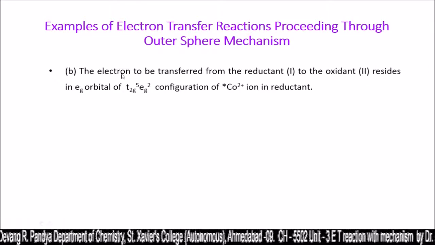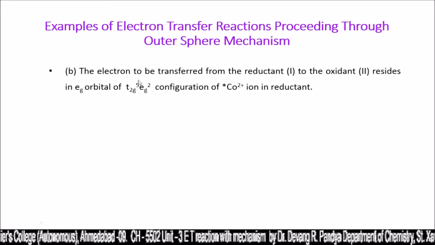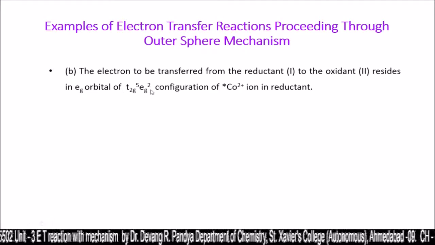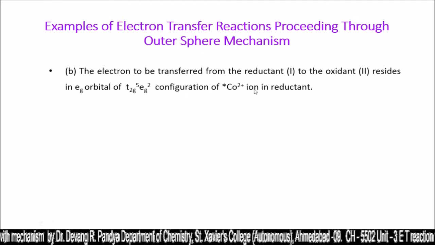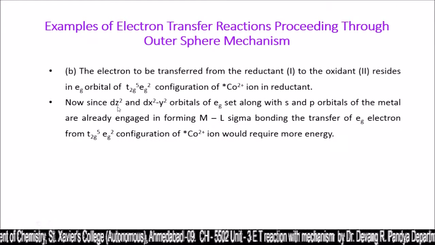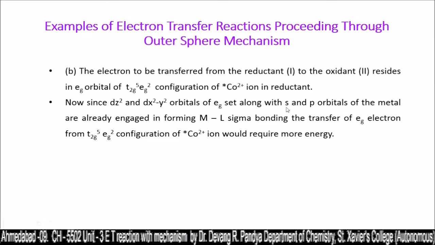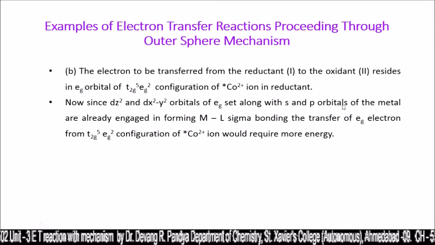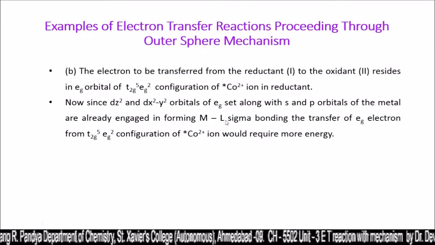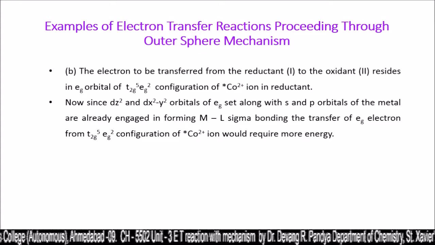Second reason: the electron to be transferred from the reductant to the oxidant is in the Eg orbital of the t2g5 eg2 configuration of cobalt(II) in the reductant. Now, the dz2 and dx2-y2 orbitals of the Eg set, along with the s and p orbitals of the metal, are already engaged in forming metal-ligand sigma bonding, which we have already seen in the MO diagram in a previous unit.